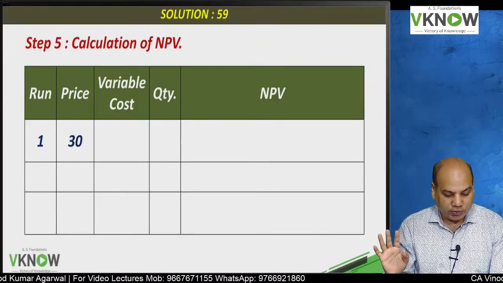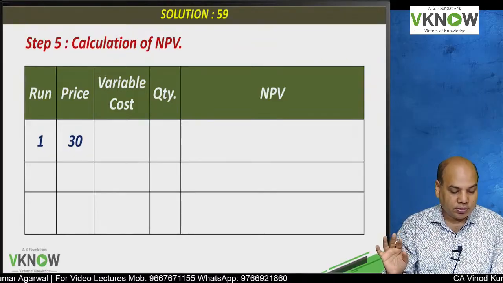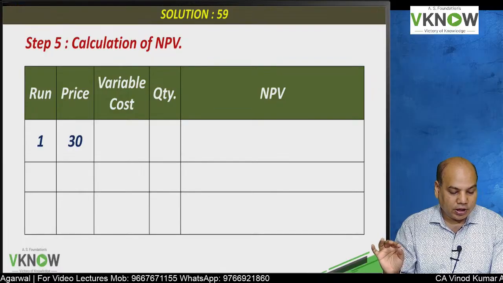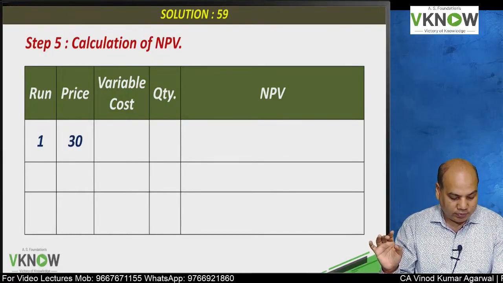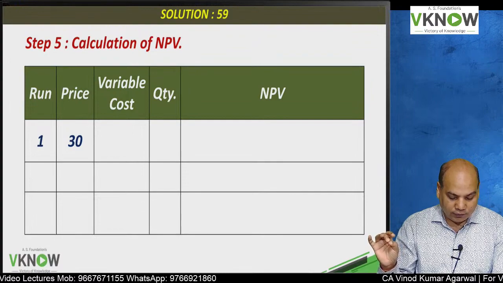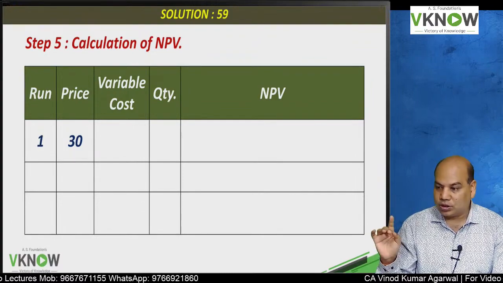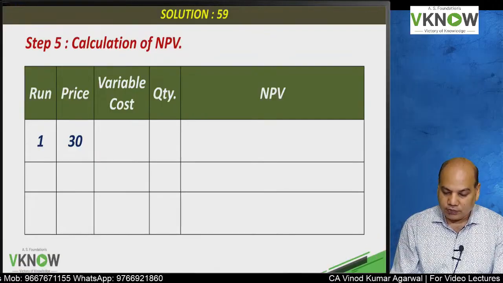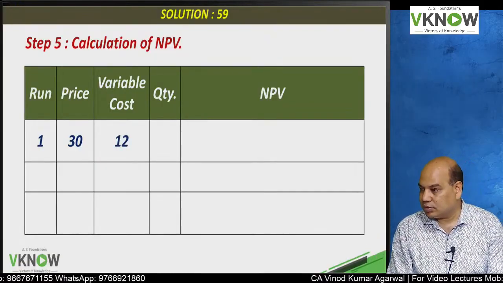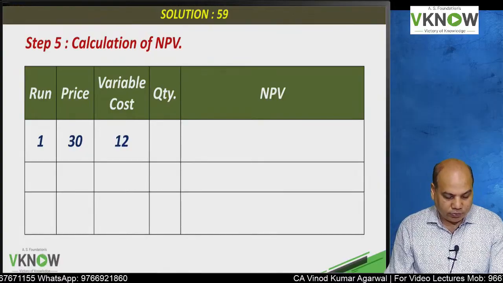Understood? Variable cost in the first run, random number is 17. 17 will fall in class interval for variable cost 10 to 39. For 10 to 39 the variable cost is 12. Is that right?